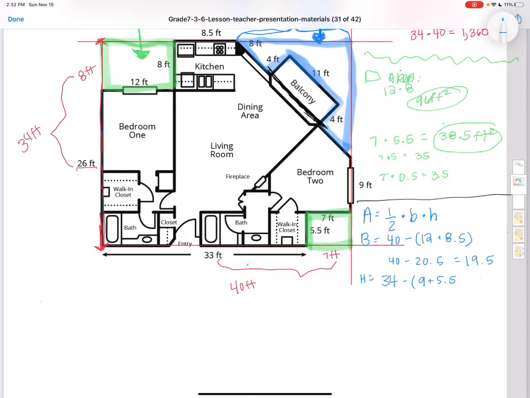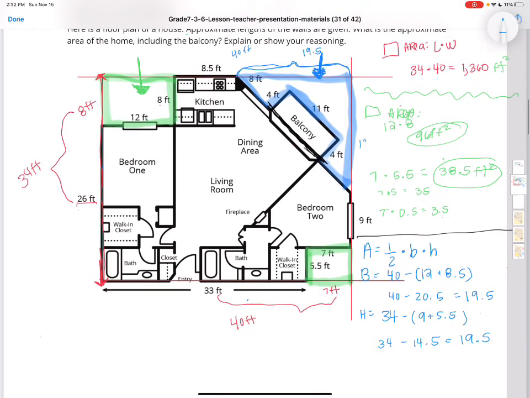If this is 5.5, then this will be 5.5, which would give me 14.5. So when I subtract 14.5 from 34, I will still get 19.5. So this is 19.5.